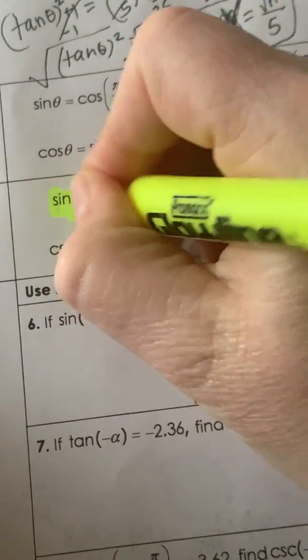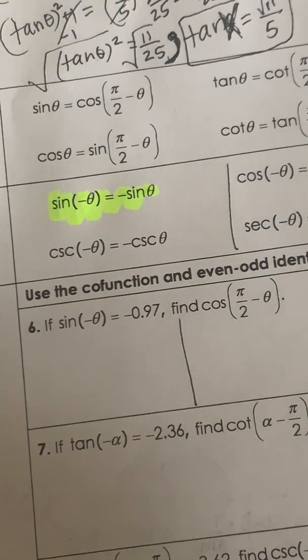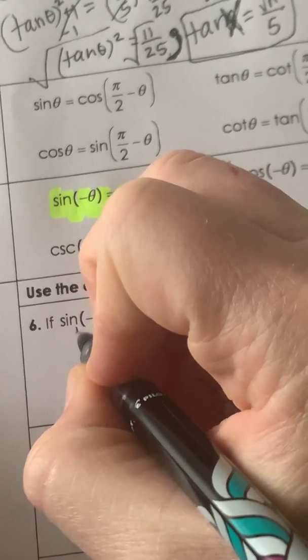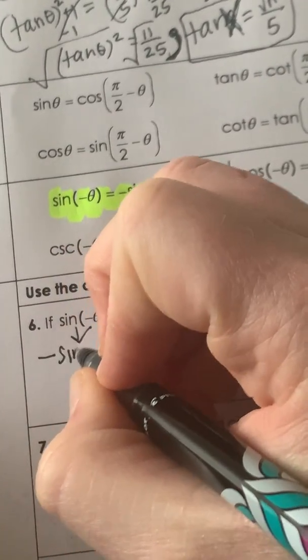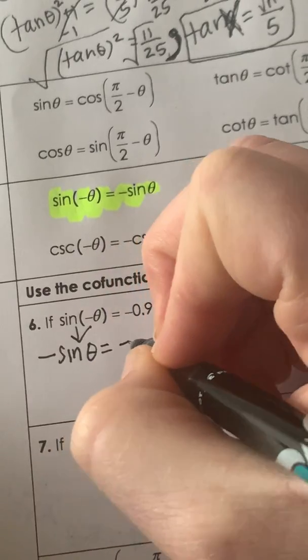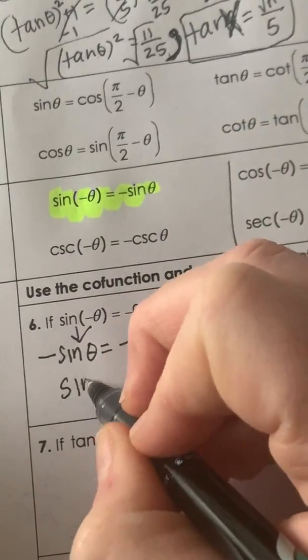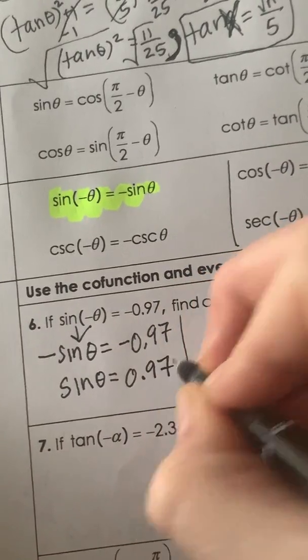I'm gonna use sine negative theta, that's negative sine theta, and I'm gonna solve it for sine theta. This means that negative sine theta is negative 0.97. So if I solve it for just sine theta, it's 0.97.